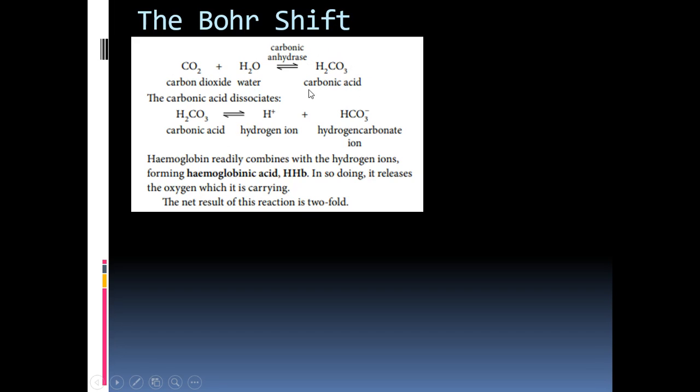This carbonic acid can dissociate to form hydrogen ions and hydrogen carbonate ions. And the thing with these hydrogen ions formed by the dissociation of carbonic acid is that they can bind readily with hemoglobin molecules in the RBC.